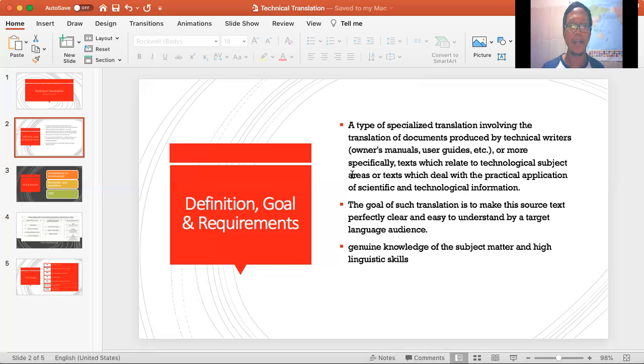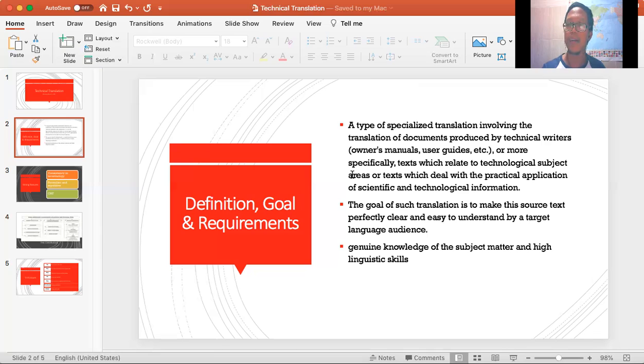As such, the goal of translation is to make the source text perfectly clear and easy to understand by the target language audience. Of course, I think this is common, not only in technical translation, but also in other kinds of translation. We want our readers to understand what is being conveyed in the source text or original text.